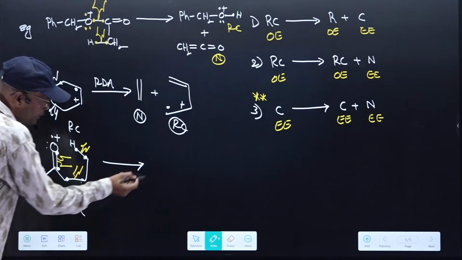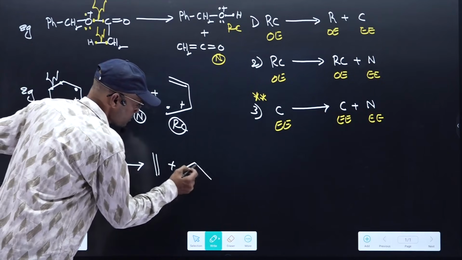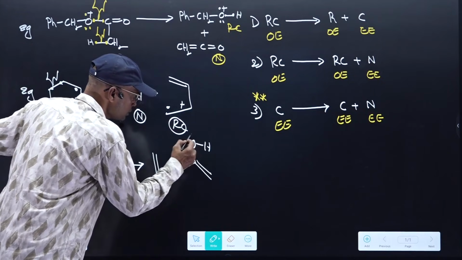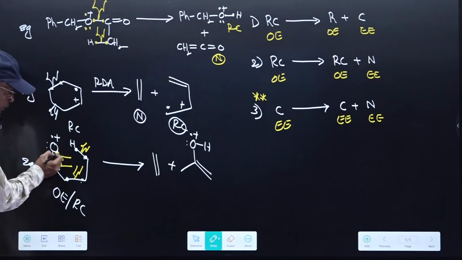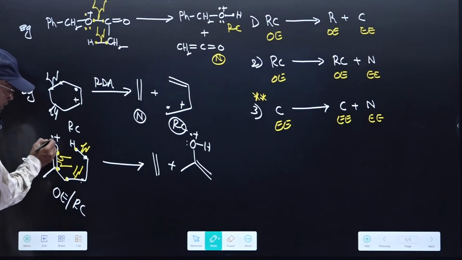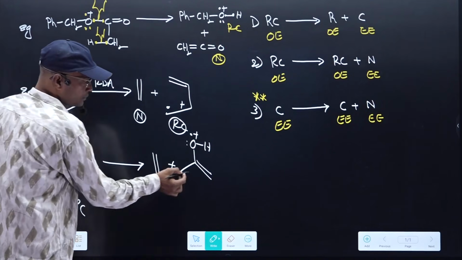This radical, you will get a double bond. This hydrogen migrates from here to here. If it migrates, you will get OH, radical cation, lone pair, asterisk. This dot will take this hydrogen. This dot will take this bond, forming a double bond. This radical cation, asterisk. Right or not? Then finally what is your answer?